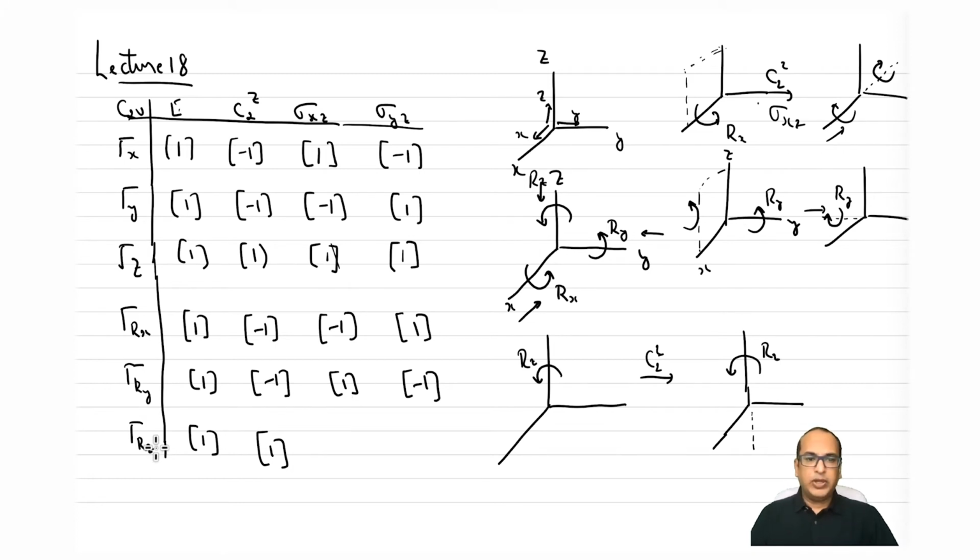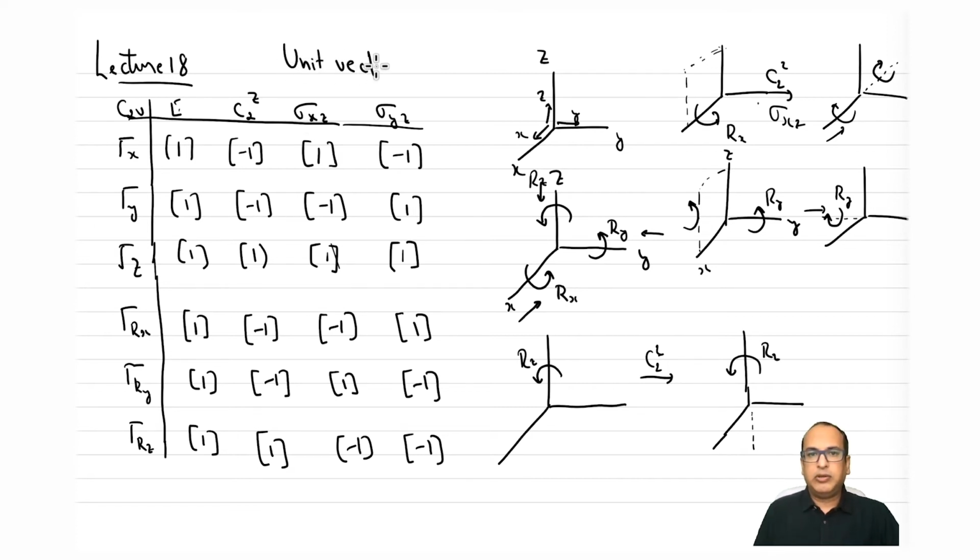Okay, so for Rz, because both the planes contain the Z axis, in both cases it will be negative. So try to visualize this and see if you can do these unit vector transformations for any other point group also.